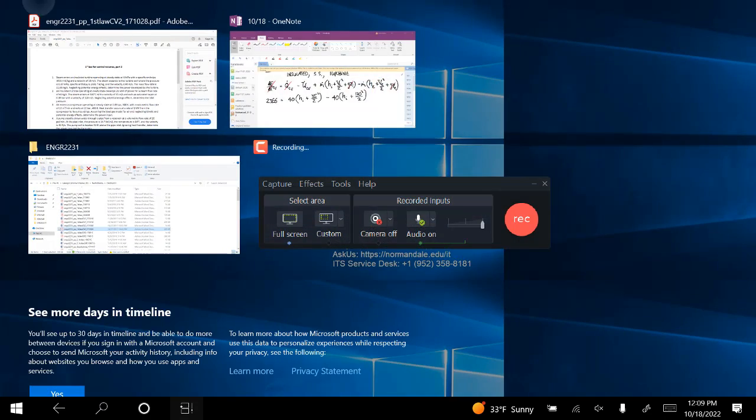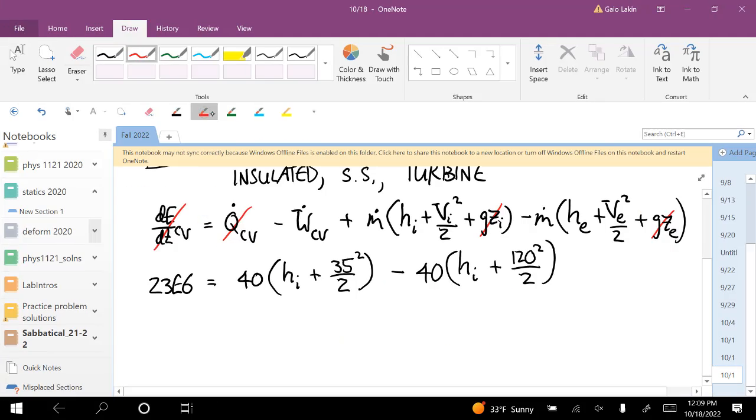Okay, so this is saturated at 0.06 bar. So you can look this up.